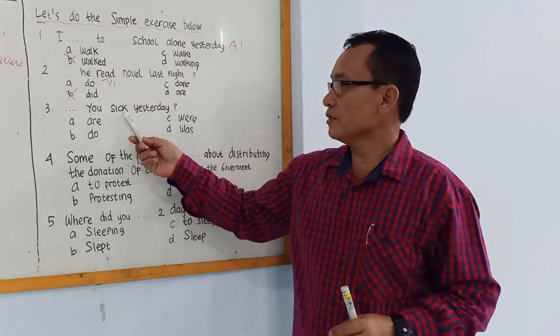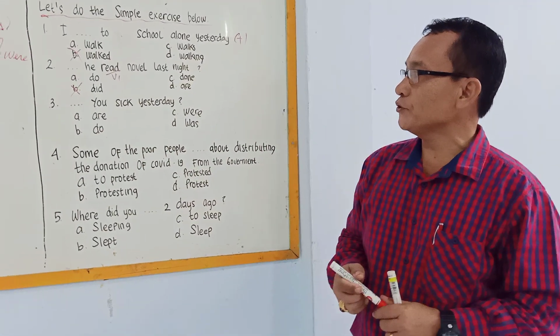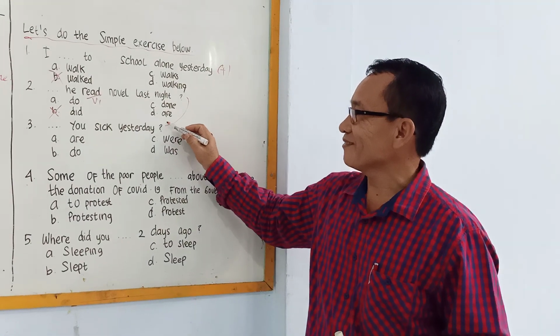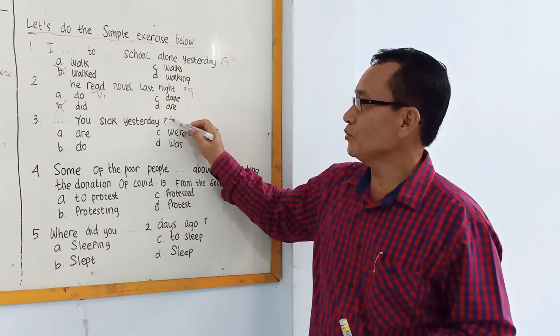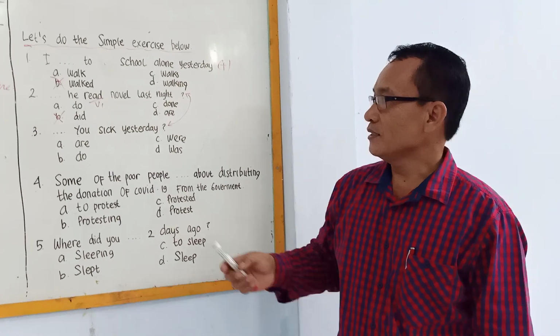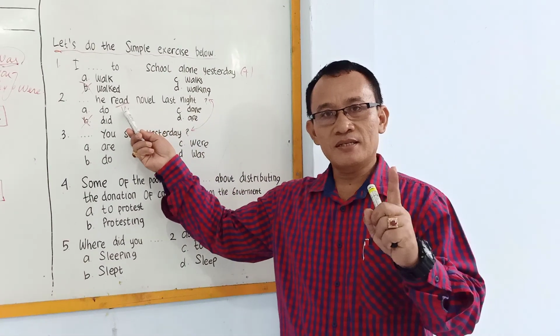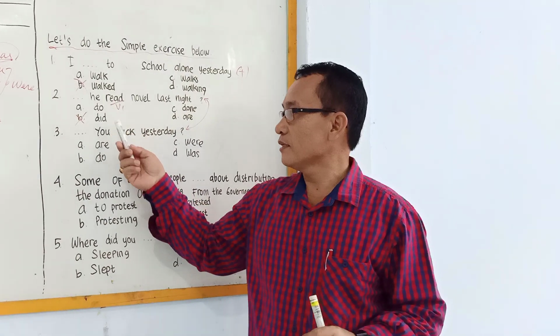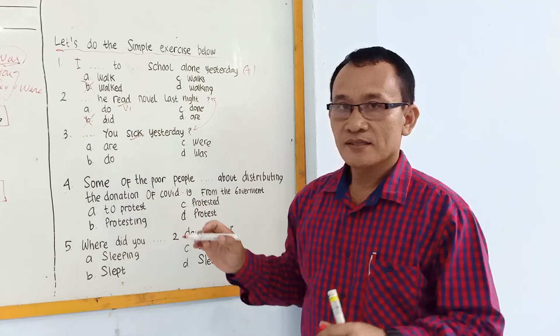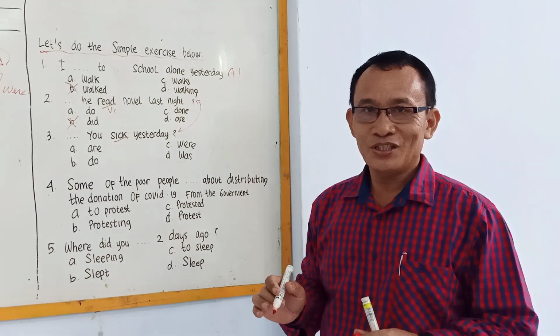Number 3. Blank blank blank you sick yesterday. Be careful to compare number 2 and number 3. It means the sentence in number 2 is a verbal sentence. Here, you sick. Sick is not a verb, it's nominal.